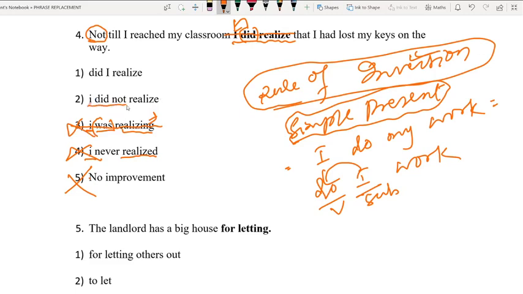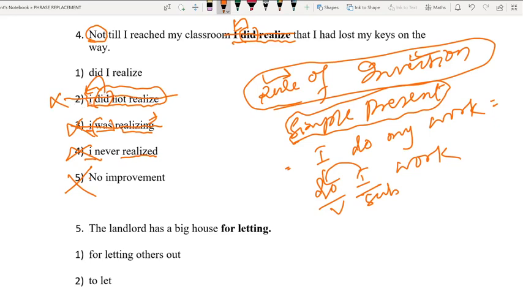Next, "I didn't realize." This is obviously the correct sentence structure. But the problem here is that we have not written this option following the rule of inversion structure. The rule says that in inversion we have to use the helping verb before the subject, and you can see here the helping verb has come after the subject, and hence this is also a wrong answer choice.